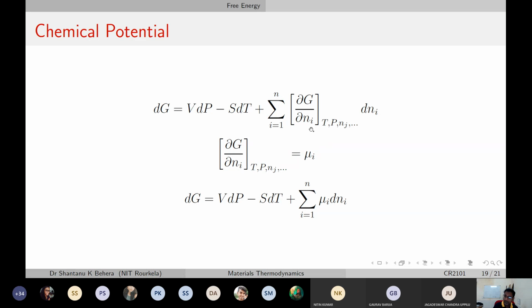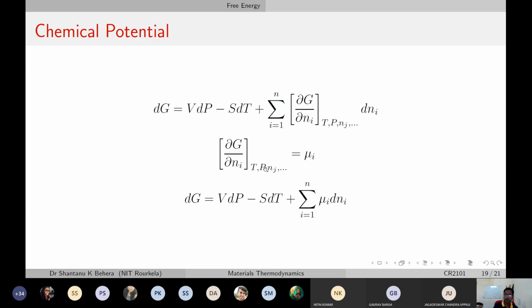So if we talk about the change in free energy with change in Ni, that's mu I, and if we talk about the change in free energy with change in Nj, that will be called mu J, and so on.